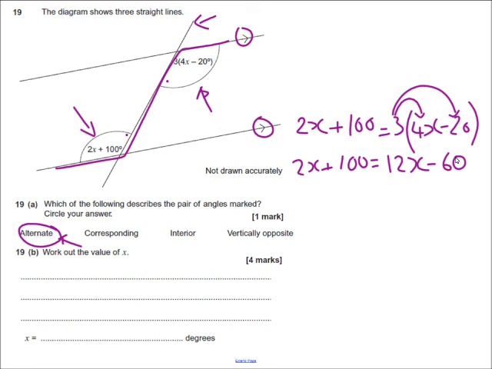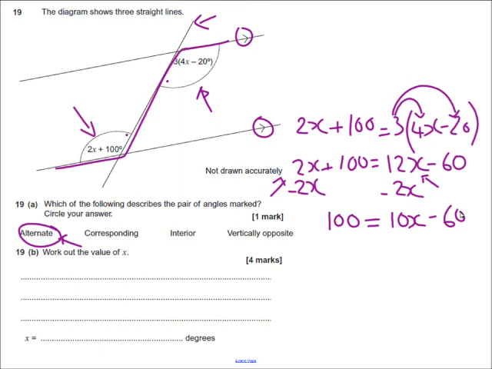Now whenever you have a 3-step equation where our variable is on both sides, I always advise you to move the smallest variable to the bigger variable. So in this case, take away 2x from this side and you have to do the same on that side. So now on the left hand side you're left with 100, and 12x minus 2x gives us 10x minus 60.